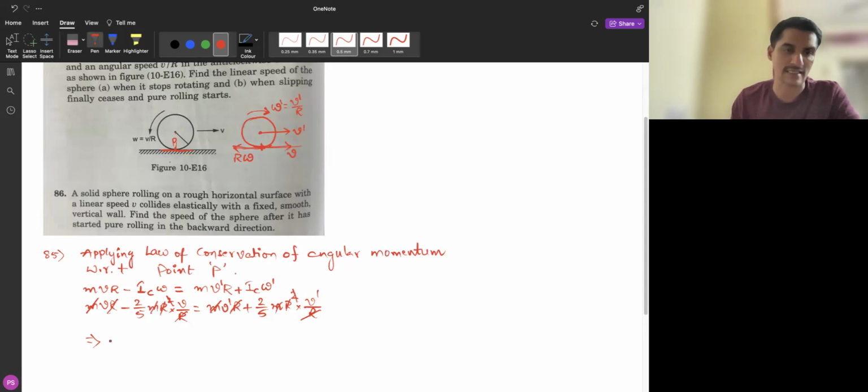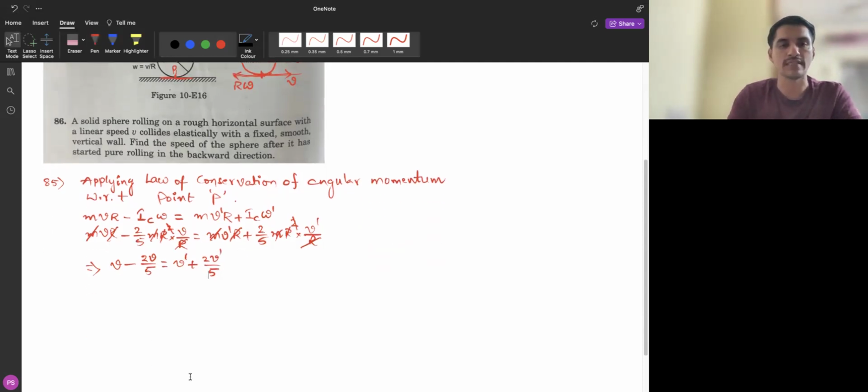Now, let us write the remaining values. V minus 2v by 5 is equal to v dash plus 2v dash by 5. Okay. Now, if I simplify this, v minus 2v by 5 is what? 3v by 5, which is equal to 7v dash by 5. 5 gets cancelled.